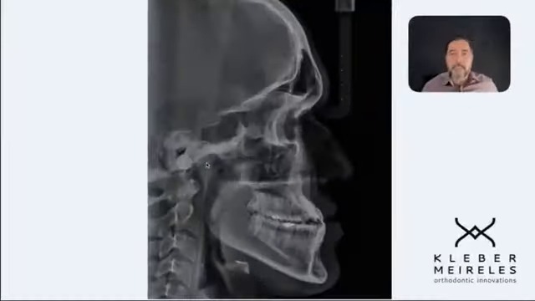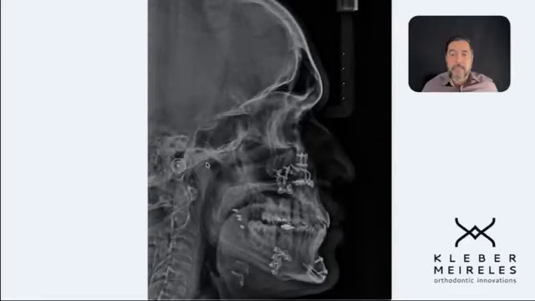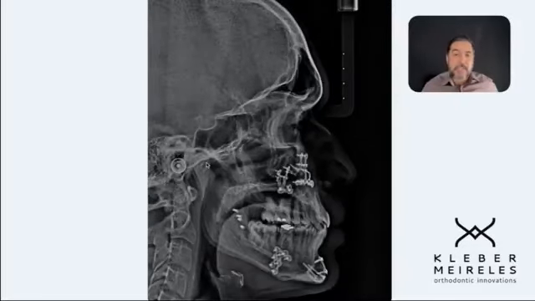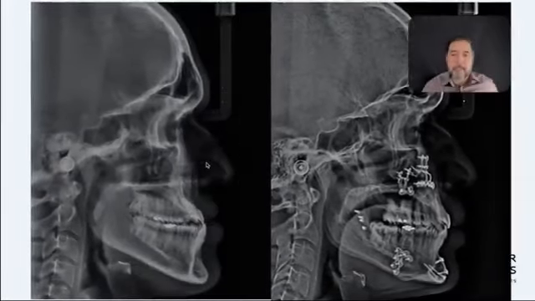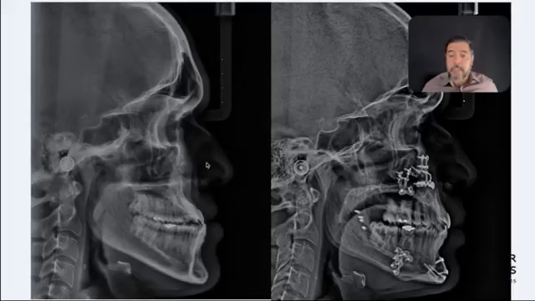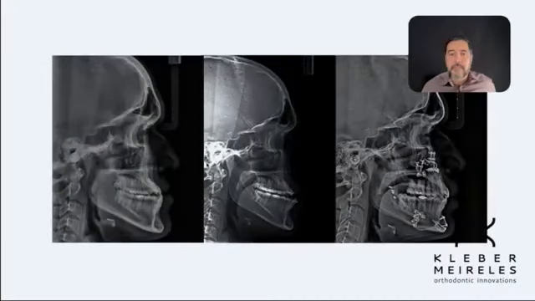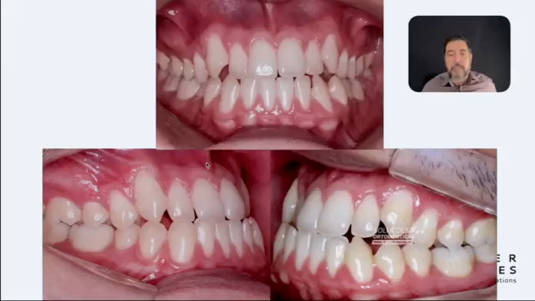Pre-op, post-op, and you see that before treatment and after treatment, changing the inclination of upper teeth and lower teeth in the direction of the decompensation. So torques are very important in this strategy, before treatment, during the compensation, and after treatment, after surgery.